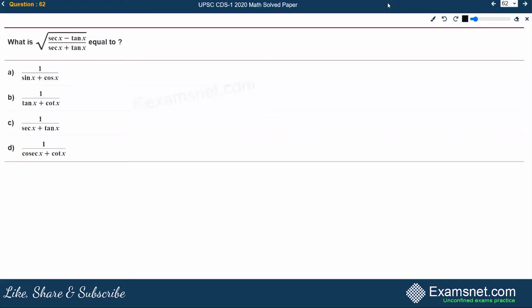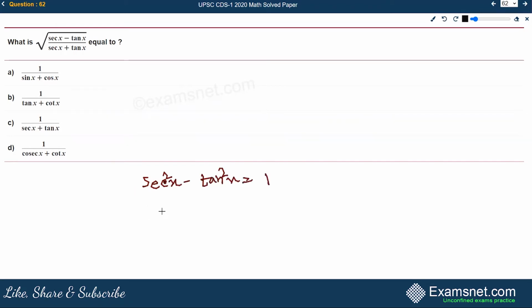In question number 62, we are given: what is the value of root under (sec x minus tan x) by (sec x plus tan x)? Let me first discuss the trigonometric identities that we are going to use, that is sec square x minus tan square x equals 1.